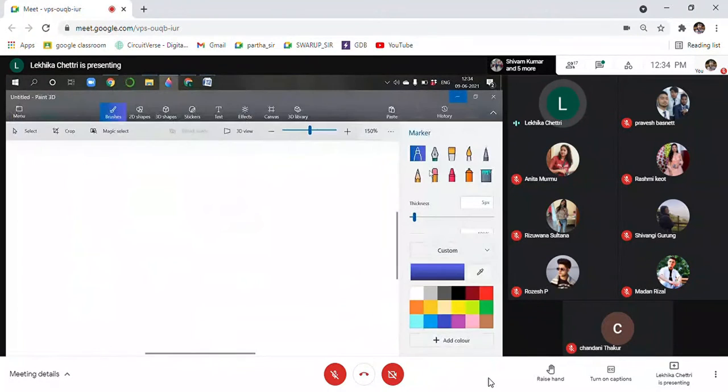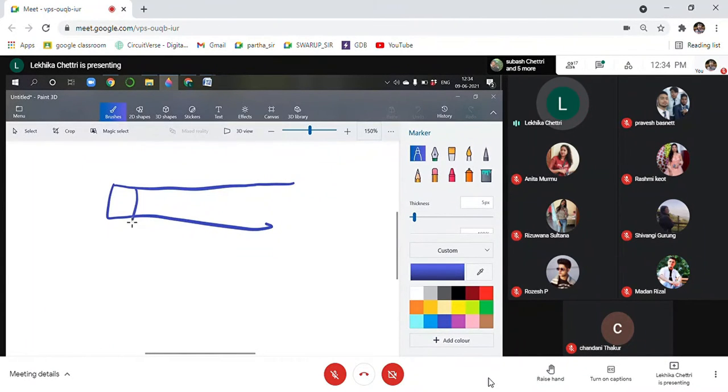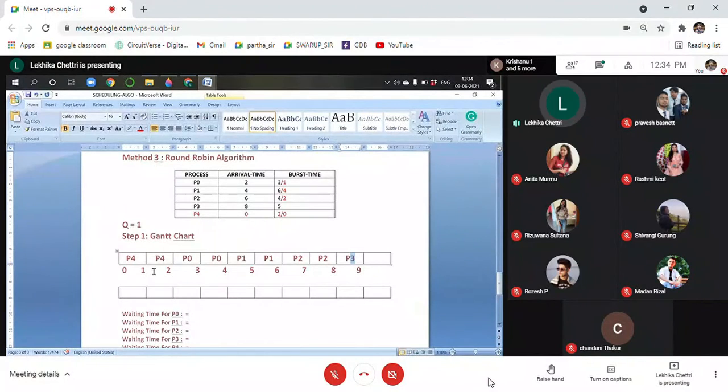Let me draw this diagram for you. Remember the diagram I drew earlier explaining the ready queue. I think it was P4, and after P4 there were P0, P1, P2, P3.